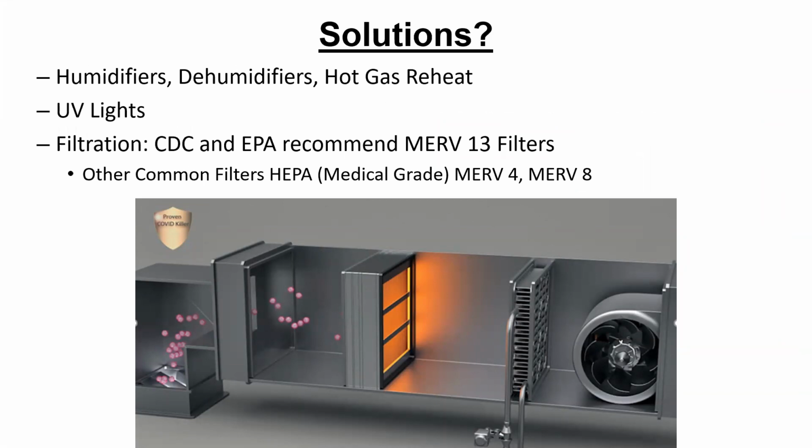Other approaches are using a humidifier or dehumidifier to control the humidity. UV light has also been used greatly for removing particles. One downside with UV lights is that you have to replace the light almost every 9,000 hours of operation, almost every year, but it works great.